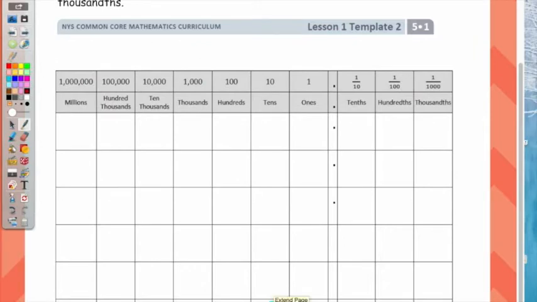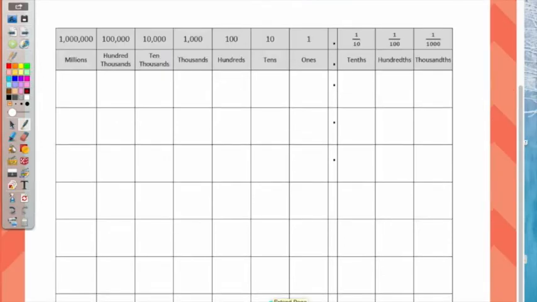All right? And as we fill out this place value chart, I'm going to use some terms with you that you might not have heard before. Or maybe you did, okay? But what I want to do is start with 1 million. So I just want to put a 1 in the millions place, okay?